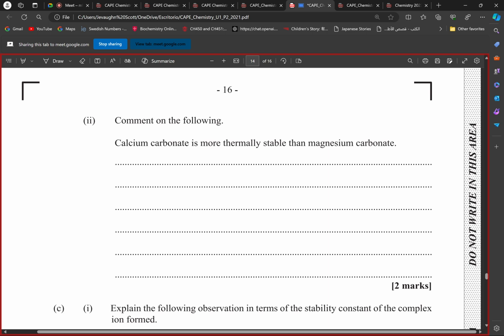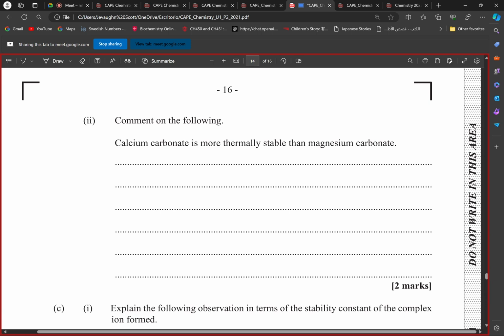So what we're saying is that the smaller the cation, the easier the carbonate's decomposition, and the smaller cation will be which one? Magnesium. Therefore, magnesium would be less stable than calcium, right?